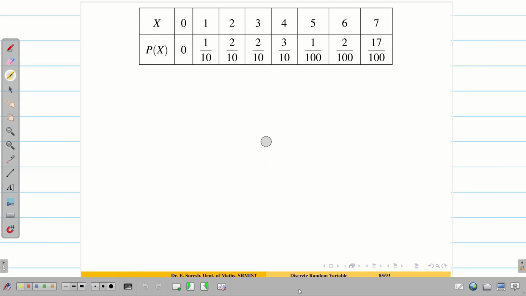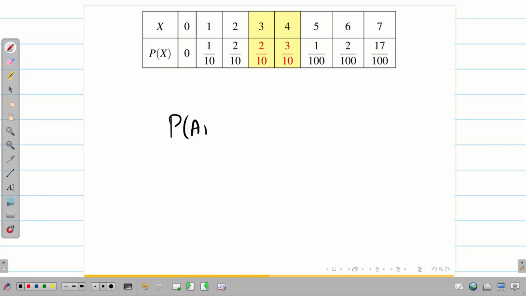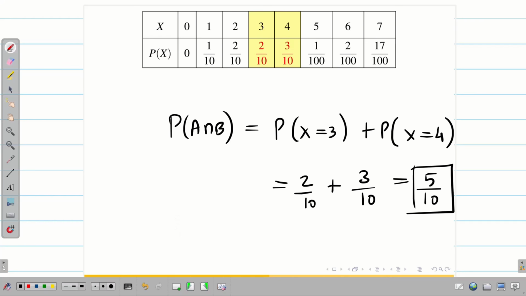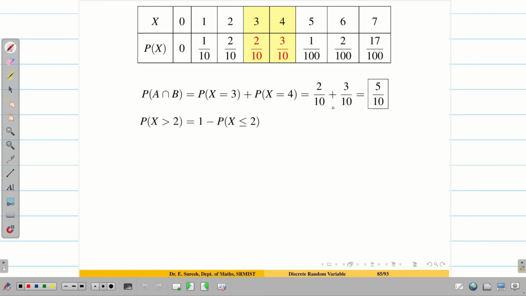Now it is time to find the solution. So the probability of A intersection B is nothing but either we get x equal to 3 or we get x equal to 4. It is nothing but 2 by 10 plus 3 by 10. It is going to be 5 by 10. In the case of the denominator we have x greater than 2. So it is a little big. So what I am doing is using the complement technique to write the probability of x less than or equal to 2.